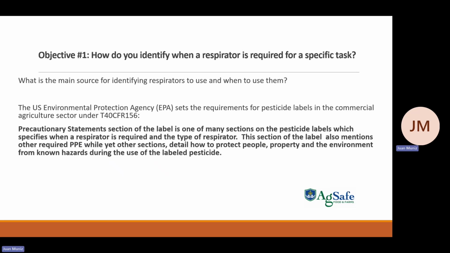This section of the label also mentions other required personal protective equipment, or PPE, while yet other sections detail how to protect people, property, and the environment from known hazards during the use of the labeled pesticide.